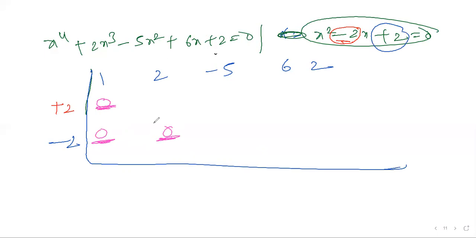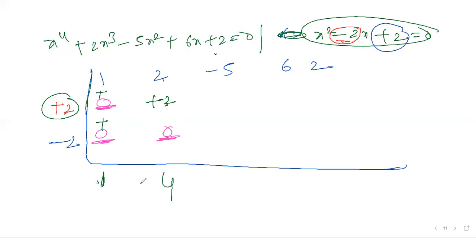From this, it is very important, please follow me. First, 1 plus 0 is 1. The answer is 1. Clear? Next, +2 into 1 is 2. 2 plus 2 is 4. 4 plus 0 is 4.